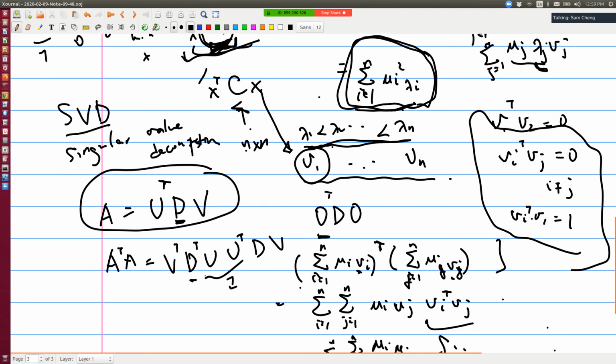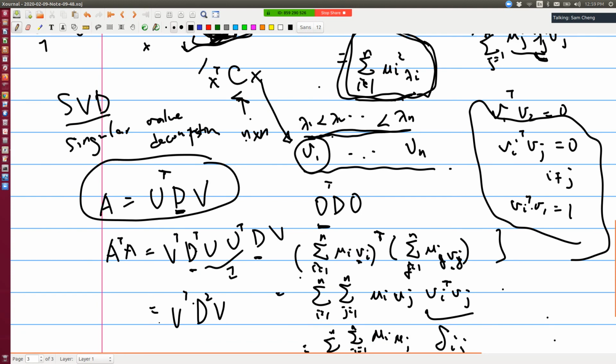And D is a diagonal matrix, just like in the eigenvalue decomposition. So therefore, it's just equal to V transpose D squared V. So the singular value decomposition of A is the same as doing an eigenvalue decomposition of A transpose A.